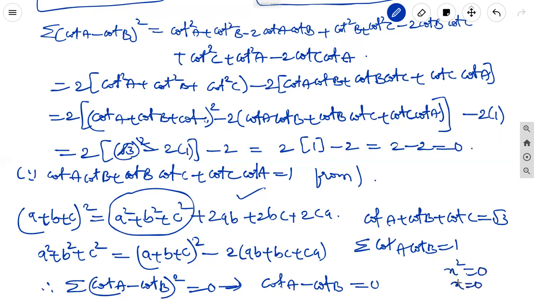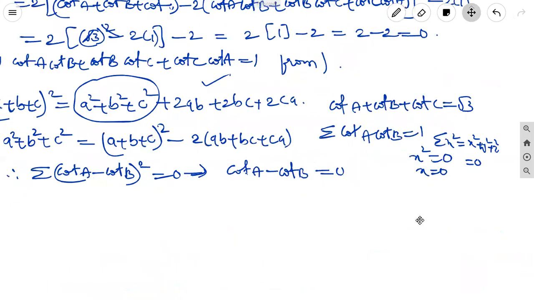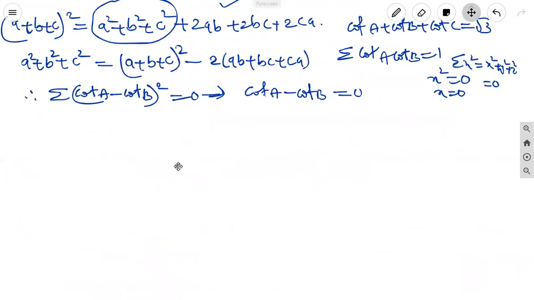If the summation of x square plus y square plus z square is equal to 0, all terms should be 0, then only it is 0. So here, if the summation of (cot A minus cot B) whole square equals 0, from this we can write cot A minus cot B equal to 0. From this, cot A equal to cot B.